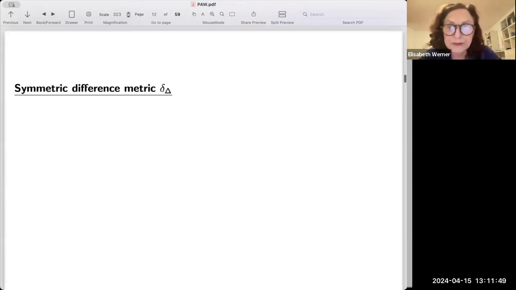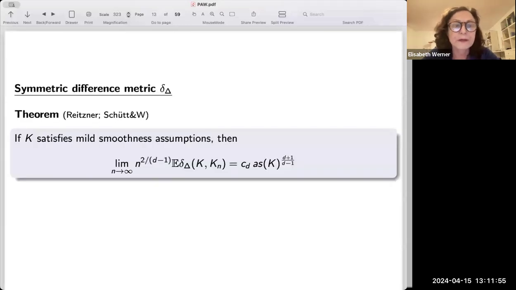I want to first illustrate that in the symmetric difference metric, and first look at the smooth situation.